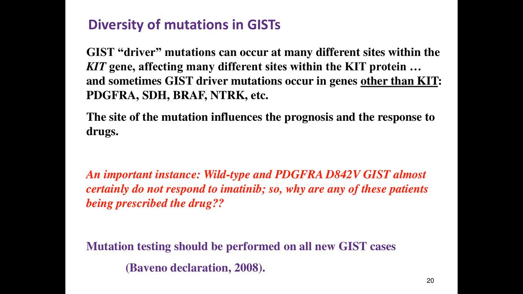Furthermore, we now know in research that was performed since 1998, since the original discovery of KIT and its involvement in GIST, that there are several other genes that can also undergo a mutation that drives the GIST. The next one to be discovered after KIT was a gene called PDGFRA. And more recently, mutations have been discovered occasionally in GIST, in other genes with names like SDH, BRAF, TRK, and more.